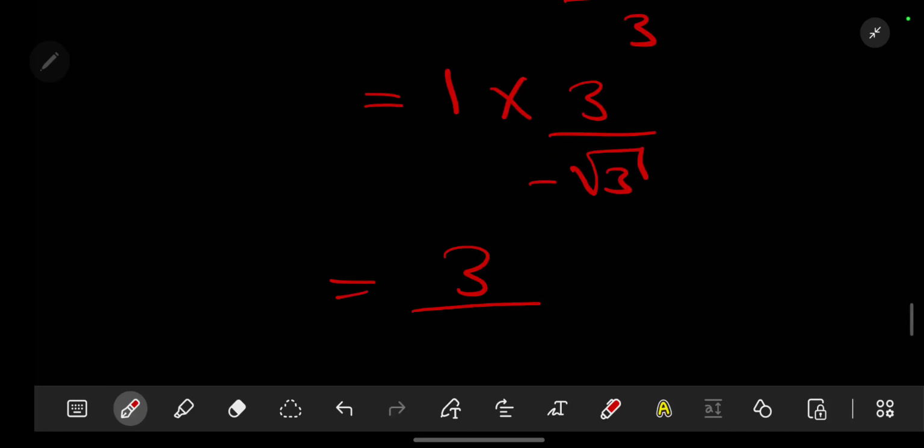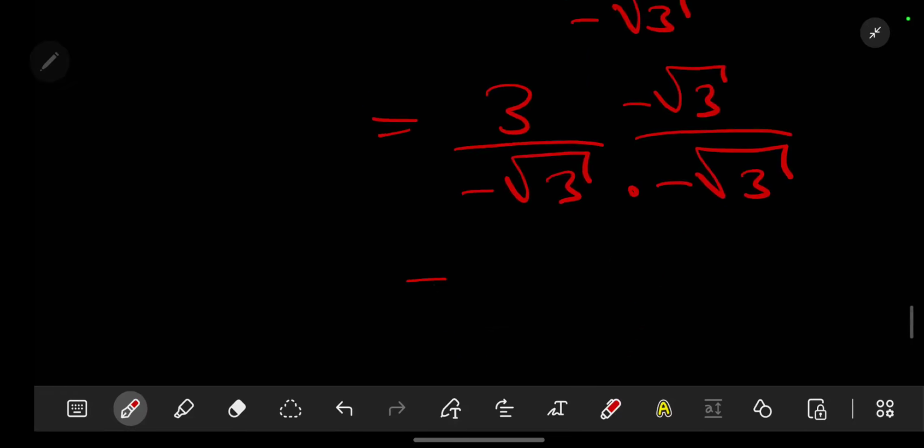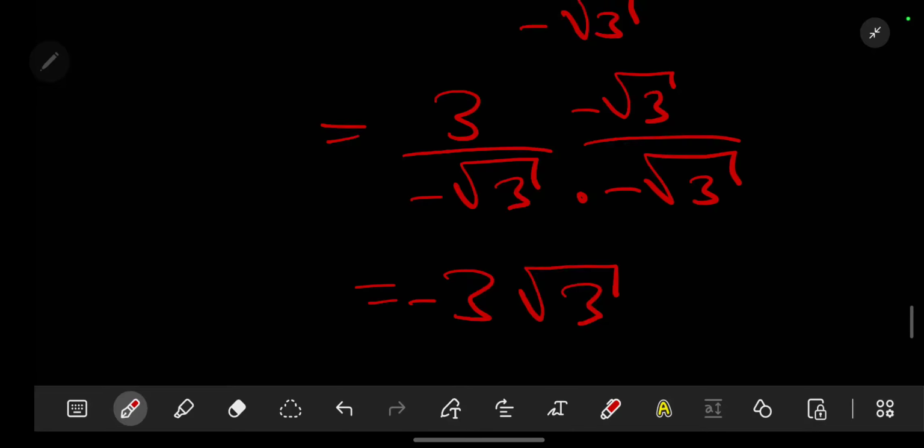So we have 3 over negative root of 3. Just to make it similar, we have to conjugate. So it will be negative root of 3 on top and bottom. This gives us 3. The negative is thrown here, so we have negative 3 root of 3.